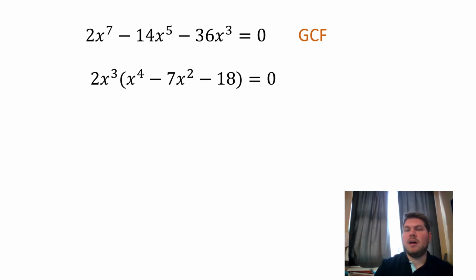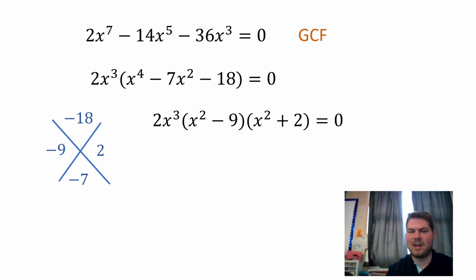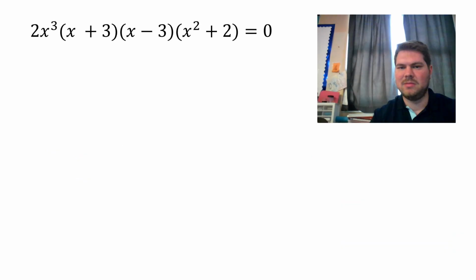All right, everyone, so now from here we can actually use the x method. Two numbers that multiply to be -18 and add to be -7 are -9 and 2. So you get x squared minus 9x plus 2, which we can change into this. I'm going to skip ahead on this one because I did it with most of you.